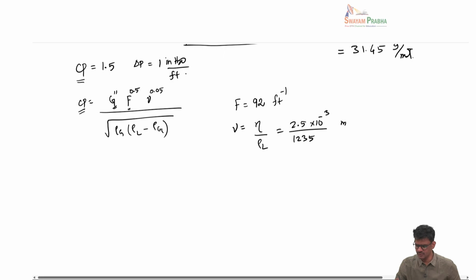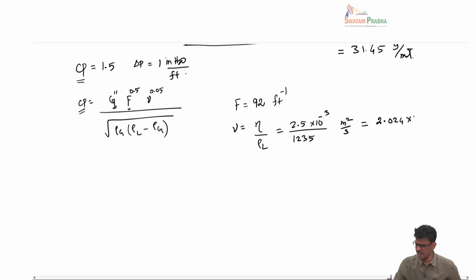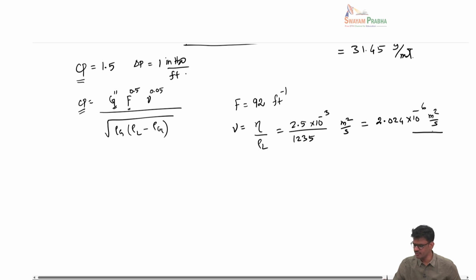This will be in meter square per second. This will come out to be 2.024 into 10 power minus 6 meter square per second. 10 power minus 6 meter square per second is actually 1 centistoke. So it's 2.024 centistokes, and this is the unit that we want in this expression also.